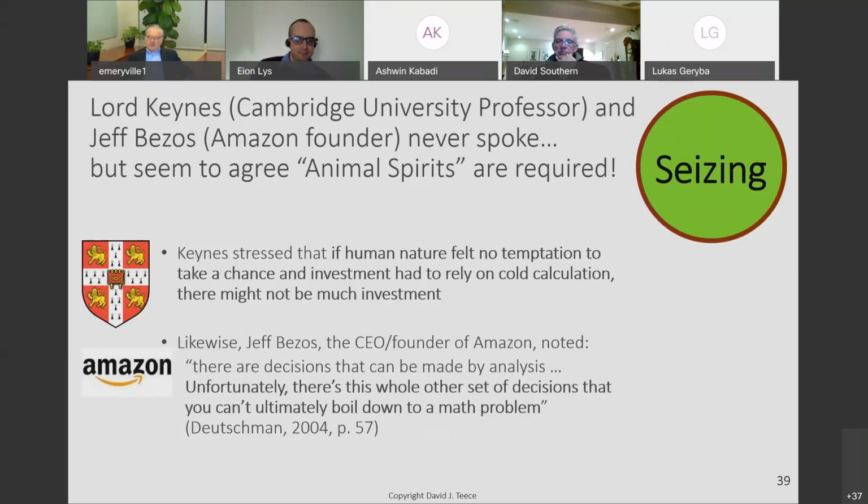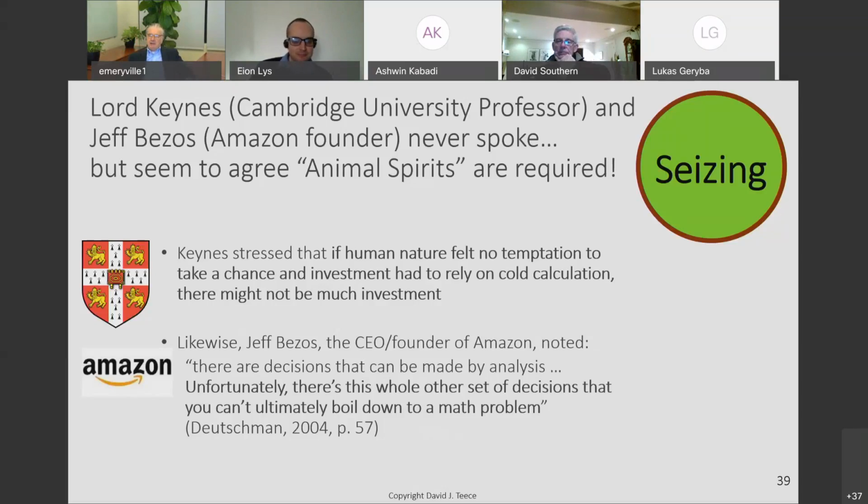Here's Jeff Bezos at Amazon saying, there are decisions that can be made by analysis. Unfortunately, there's a whole other set of decisions that you can't ultimately boil down to a math problem. And really what he's saying is it can't be boiled down to a math problem. You don't have complete information. You can't get a clean result, but you still have to decide.